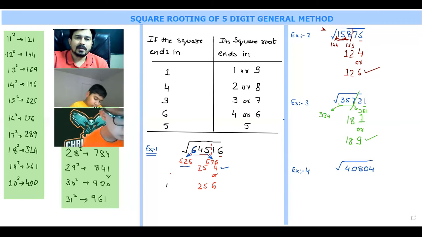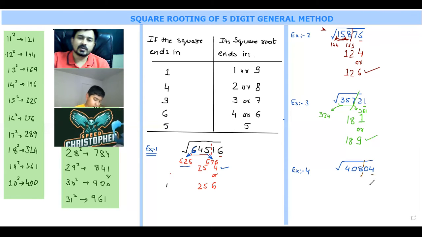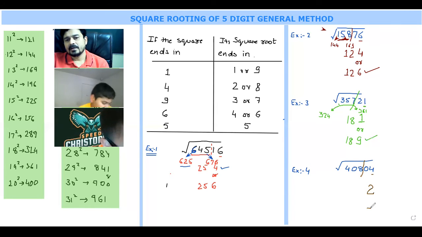Let me solve one more example for you before I give you problems to solve yourself. Again, divide the given question into two parts, LHS and RHS. RHS must have two digits. Seeing the units place of the perfect square as 4, we conclude that its square root must end in 2 or 8. Now the perfect square just smaller than 408 is 400.